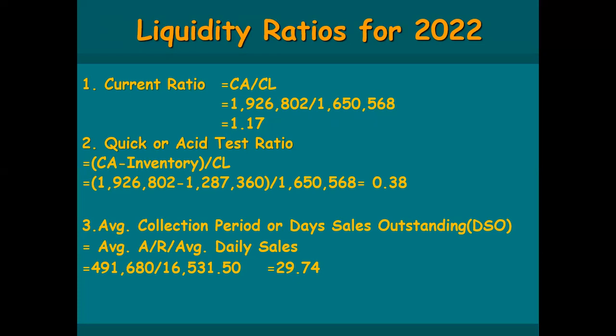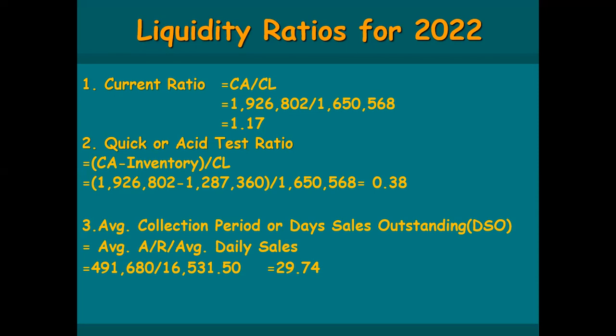Average sales means total sales divided by 365 days. That is the days within a year. So average account receivable will be divided by average sales.